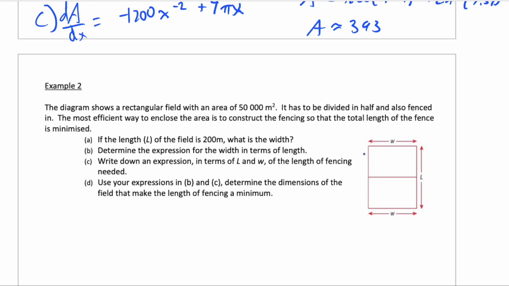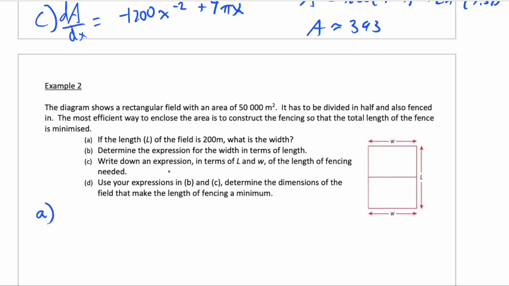So we got a rectangular field. The diagram shows a rectangular field of area 50,000. It has to be divided in half and also fenced in. The most efficient way to enclose the area is to construct the fencing so that the total length of the fencing is minimized.